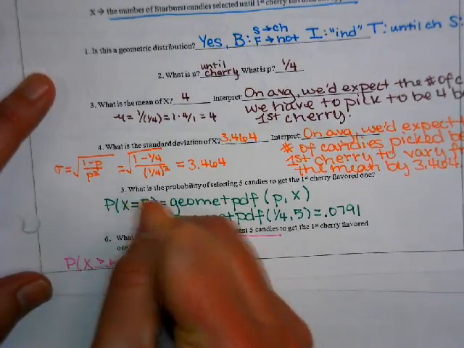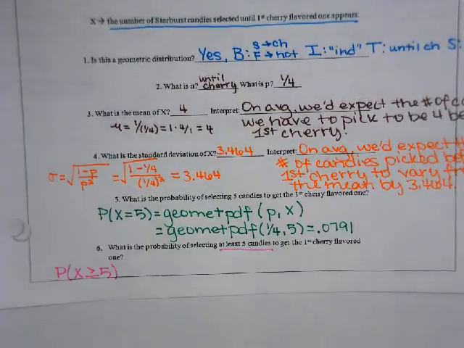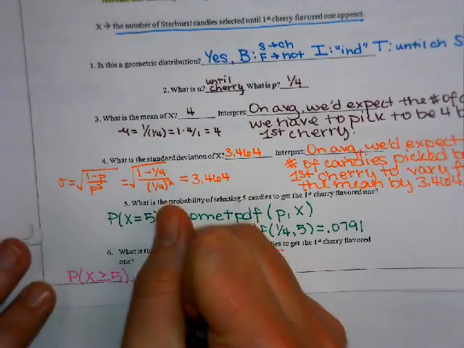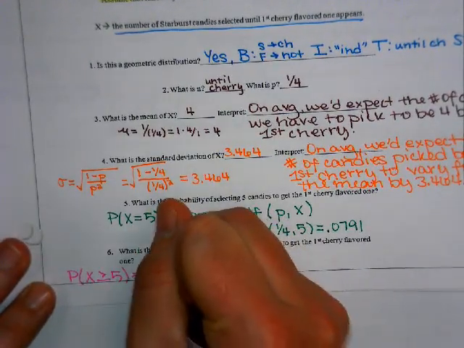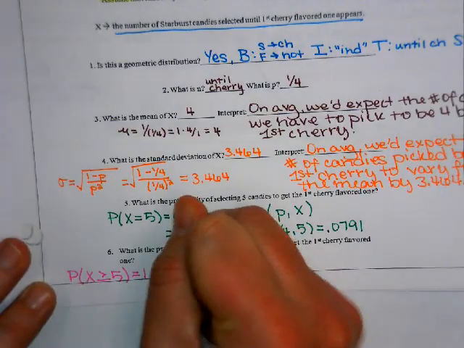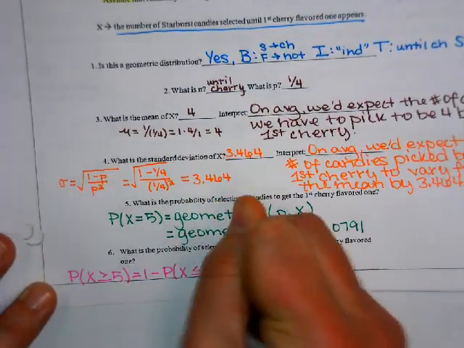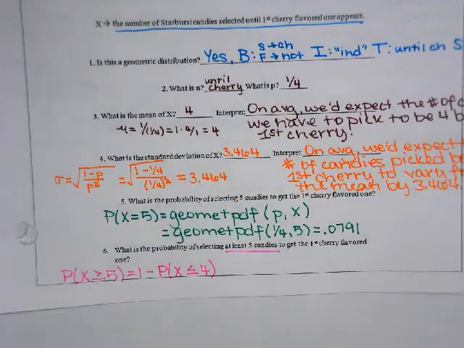The same thing holds true for a geometric variable. So if I want to find greater than or equal to for binomial and geometric variables, I have to subtract from 1, and I also have to drop down 1 in my x value. So I went from 5 to 4.